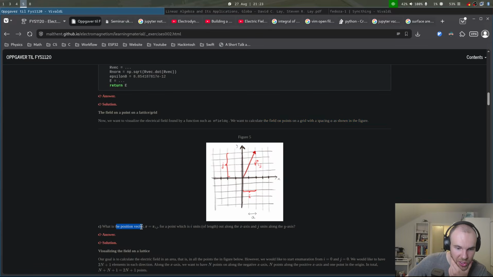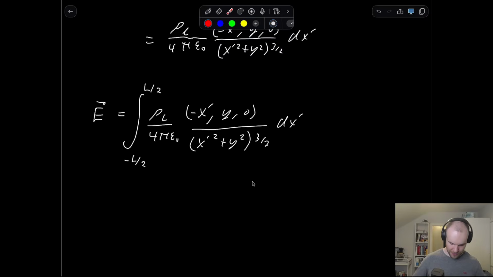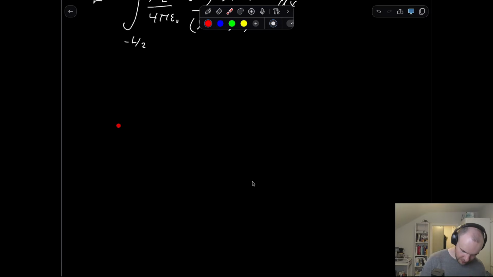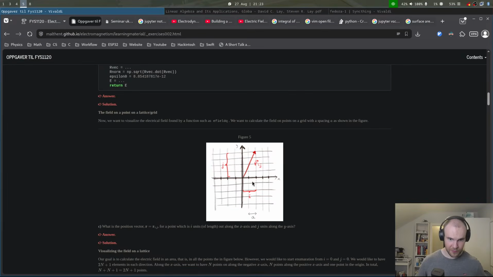What is the position R_ij for a point which is i units of length out along x and j? Yeah, so we have A, i and j, of course. That means that R, of course, i, comma j, if A is our step size, is of course just A times i, comma A times j, just like that.